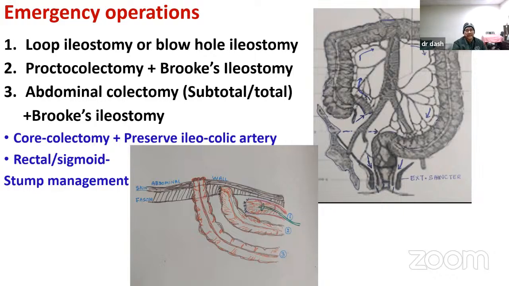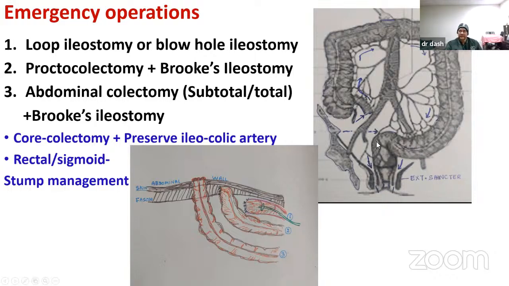In the majority of the cases, about 90 to 95% cases, we go for abdominal colectomy, be it minimally invasive or open. It could be a total colectomy wherein we divide the rectum just at the sacral promontory, or it could be a subtotal colectomy wherein some part of the sigmoid colon is left behind.